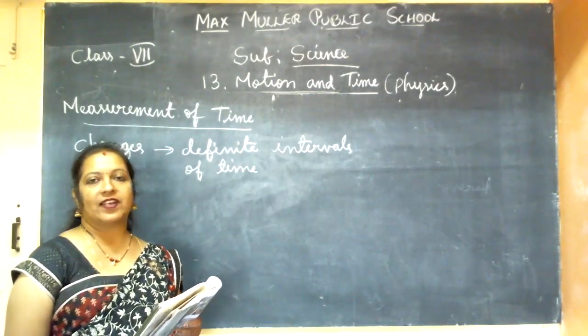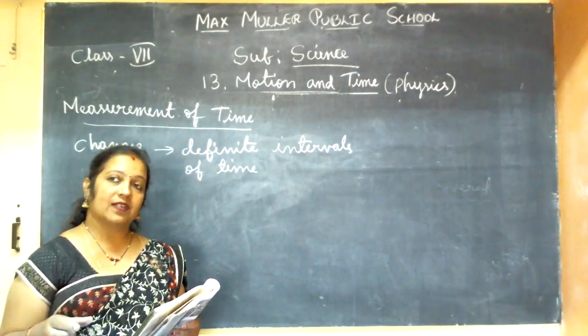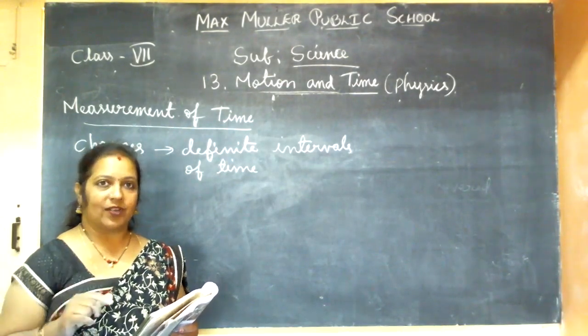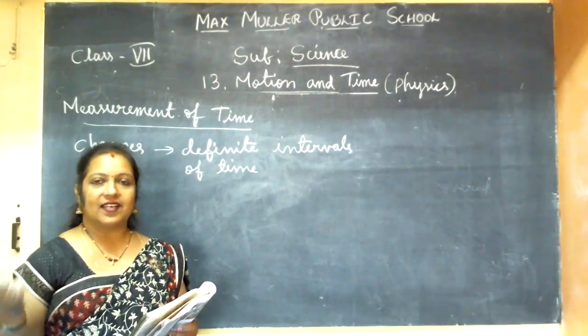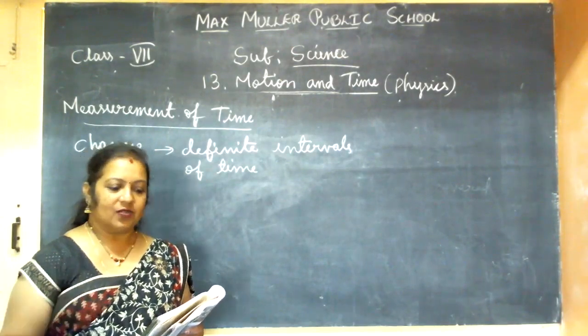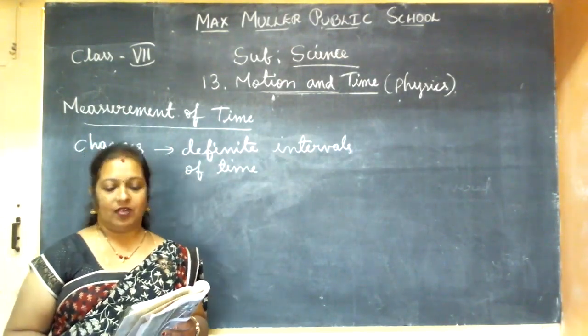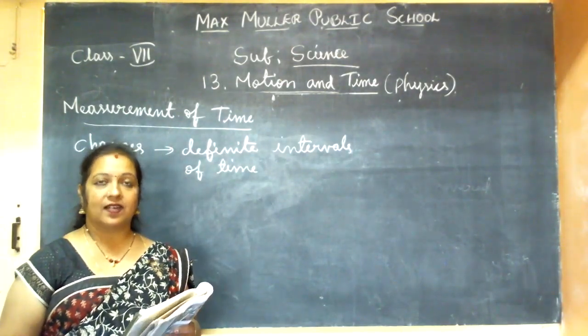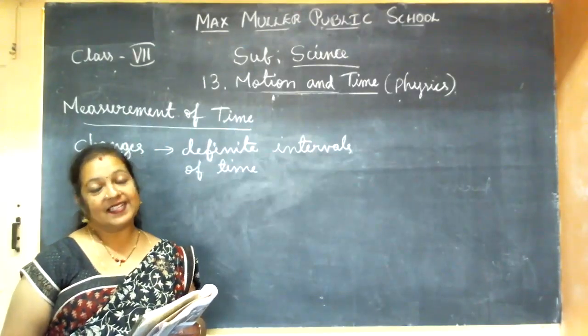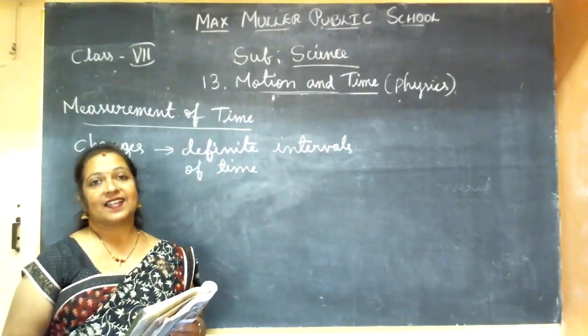So what are they finding there? Every day we see that the sun rises in the morning and sets in the evening. The time from one sunrise to the next sunrise they considered as a day.